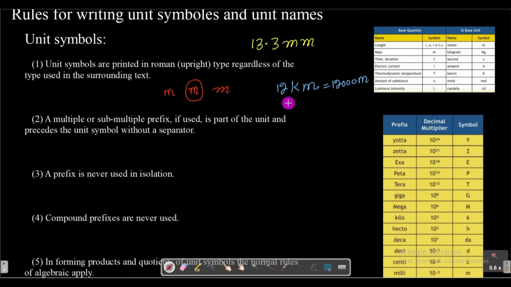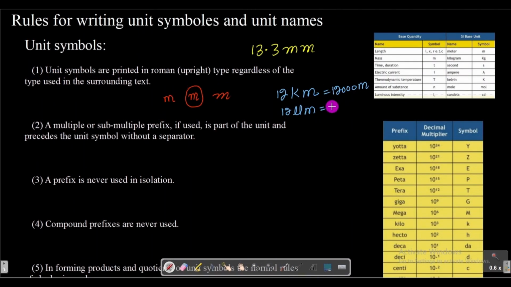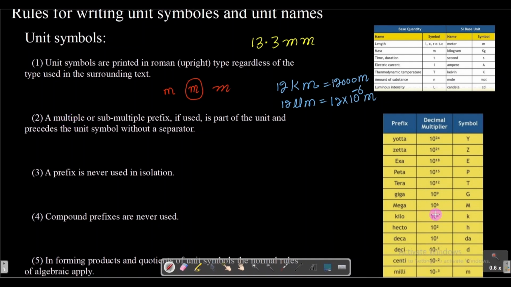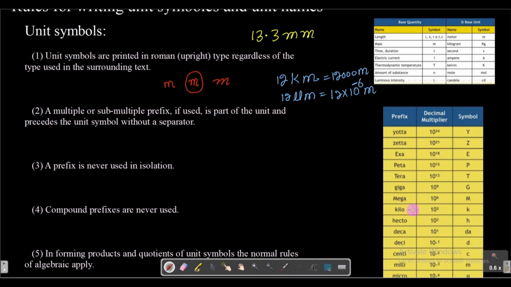Similarly, if we have 12 micrometer, let's say this is 12 multiplied by 10 power minus 6 meter. It reduced the magnitude. Therefore, we call this a submultiple prefix. So in this table, all the multiple prefixes are those which have positive powers. We have the positive powers up to deca, and all the above are multiple prefixes.